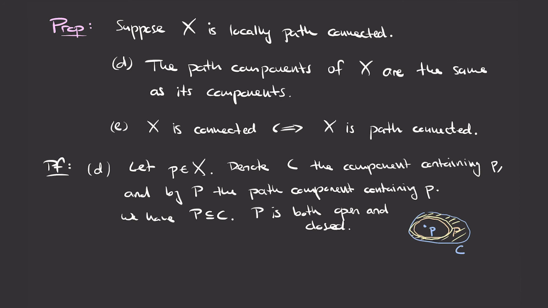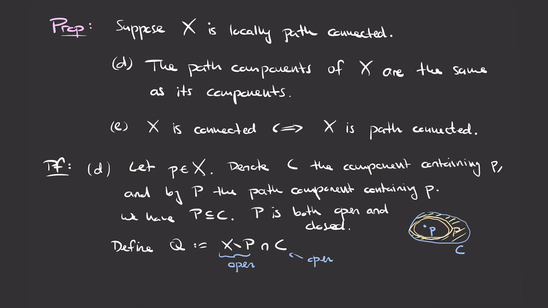To do this more formally, we define Q to be the intersection of the complement of P, so that's X without P, intersected with C. So that's this yellow set. I mean, there might be some other stuff going on around outside of C, but we're just interested in the intersection of the complement of P with C. And because P is closed, we know that this complement here is open. And moreover, we also know that C is open.